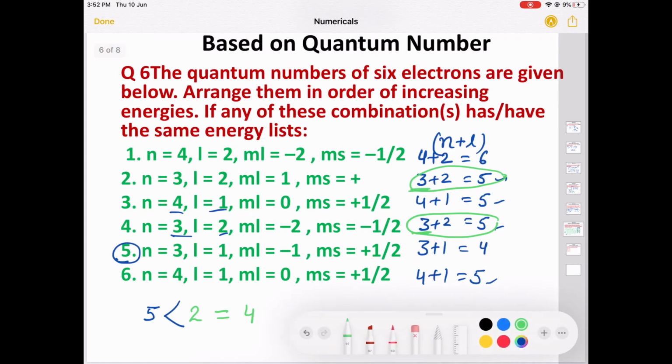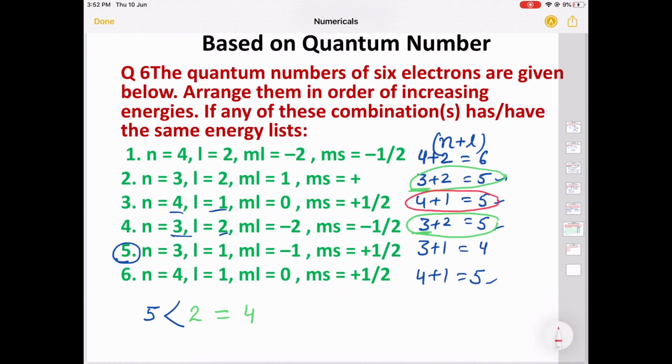Coming to the next, 4 plus 1, 5, 4 plus 1, 5. For these two orbitals n and l both are the same. So for these two the energy is same but greater than the second orbital and fourth orbital, that is third and sixth.